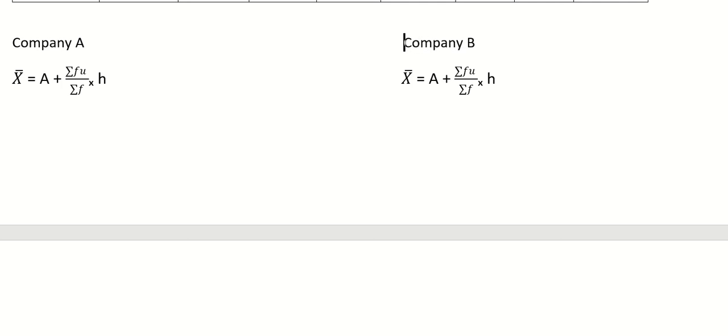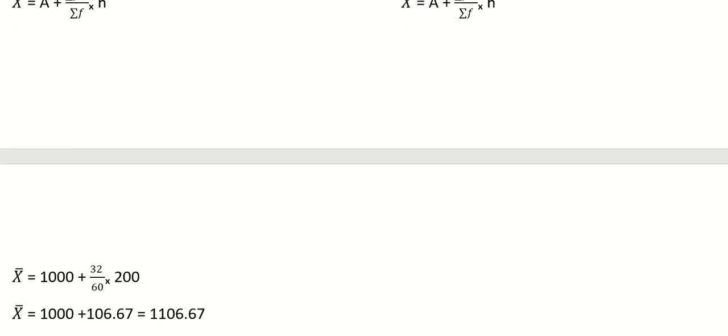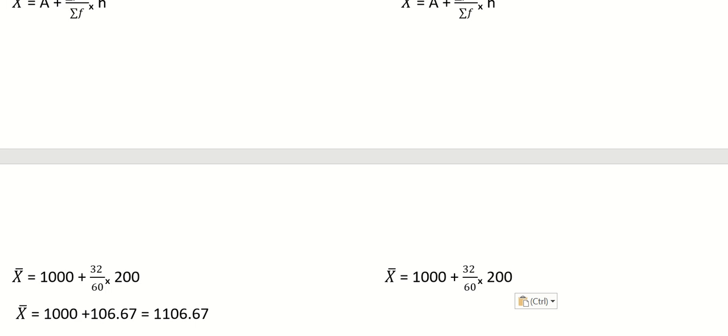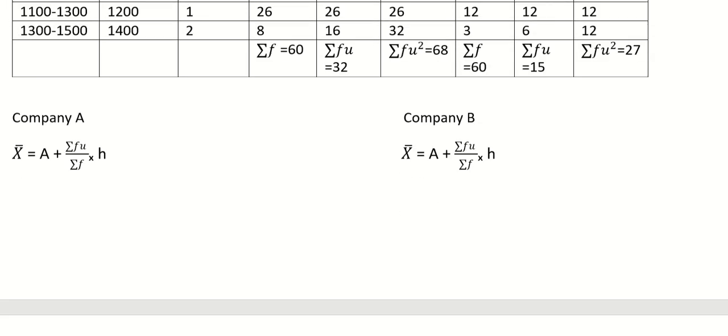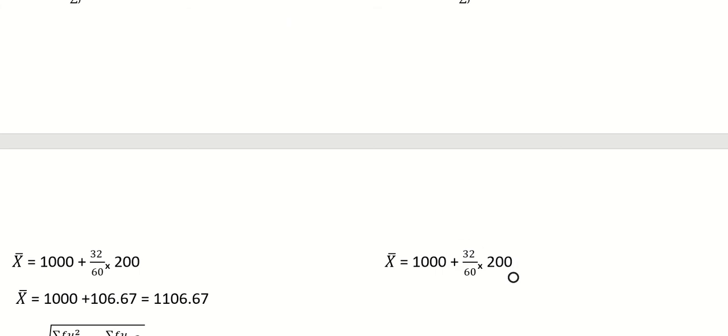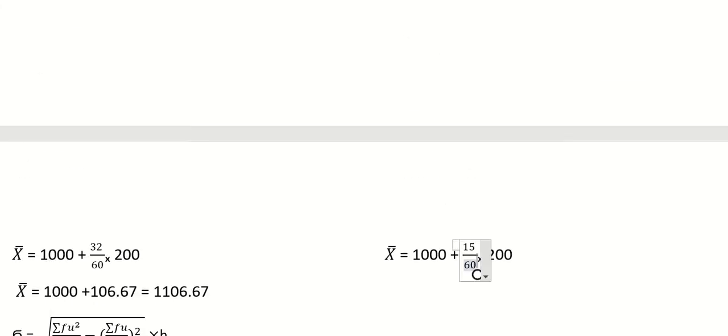And we will put the values here. So here A is again 1000, it would remain 1000. So FU for company B is 15, and summation of F is 60 for company B. This is the same for both the companies.